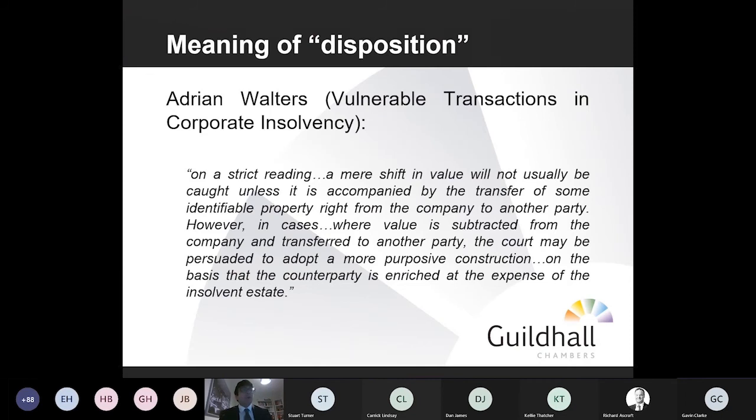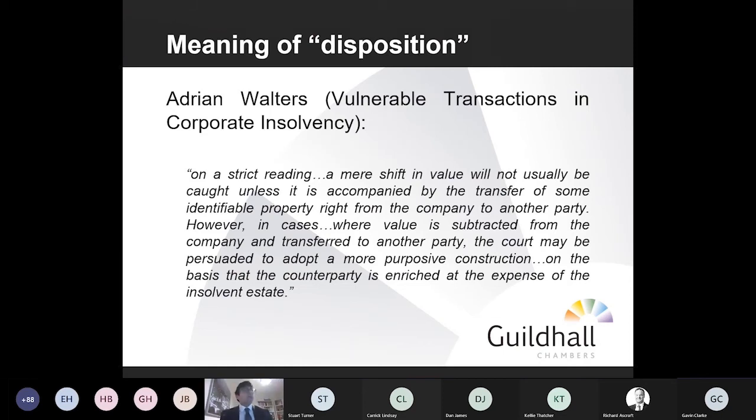But there are cases where you get value subtracted from the company, and then it's the value which is transferred across to the other party rather than a specific defined asset. And he suggested that the court may be persuaded to adopt a more purposive construction in cases such as that, on the basis that the counterparty is enriched at the expense of the insolvency estate.